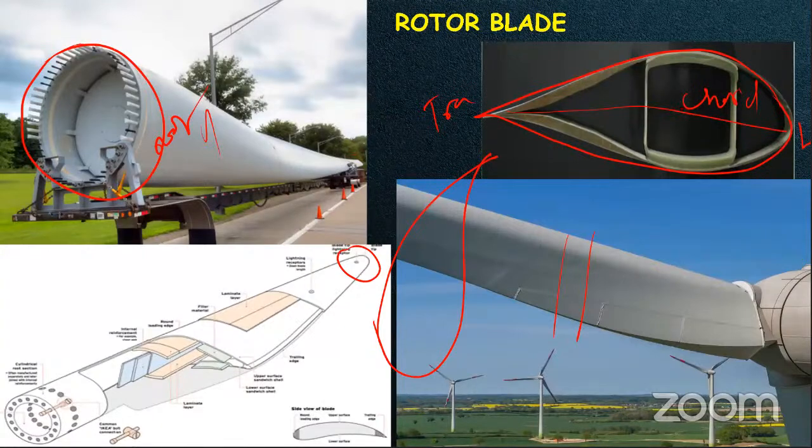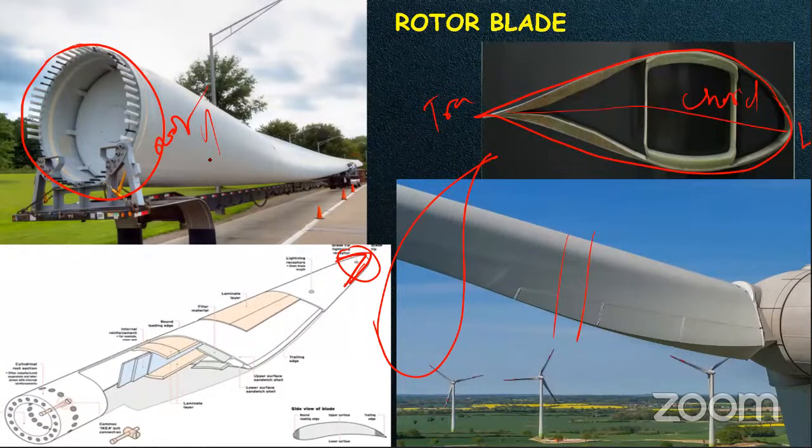Also the blades are coned outwards for tower clearance. You can see the cone. It is coned outwards for tower clearance, because the blade should not touch the tower while it is rotating. And also the blades are very thin.